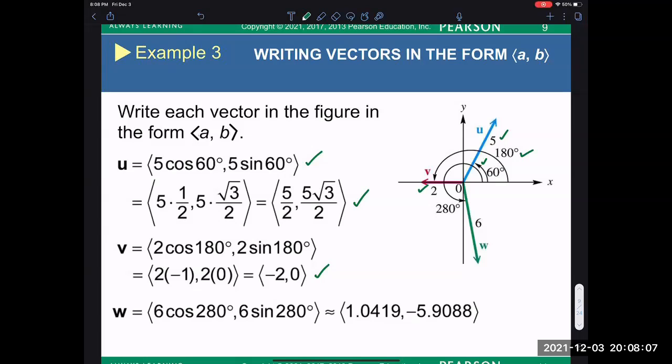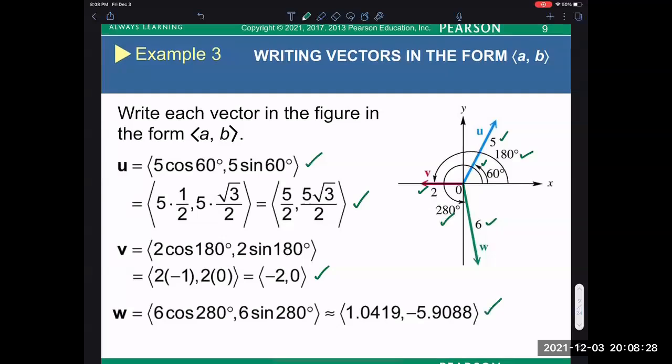And then one that doesn't come out quite so nice and friendly in terms of the angles or the final position is W. We see W has a magnitude of 6 and an angular rotation of 280. So just plugging those in, magnitude of 6 times cosine and sine of 280, and we get the approximate finishing coordinate points of vector W to be an A value of 1.0419 and a B value of -5.9088, just by plugging cosine and sine of 280 into the calculator.